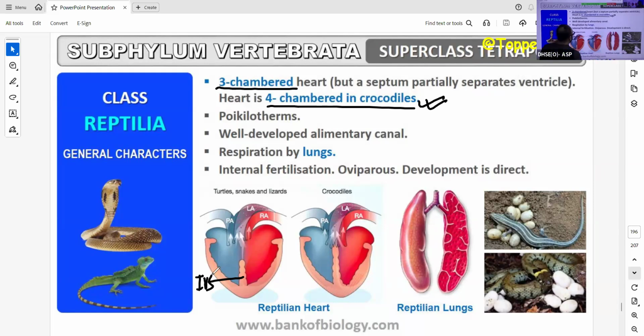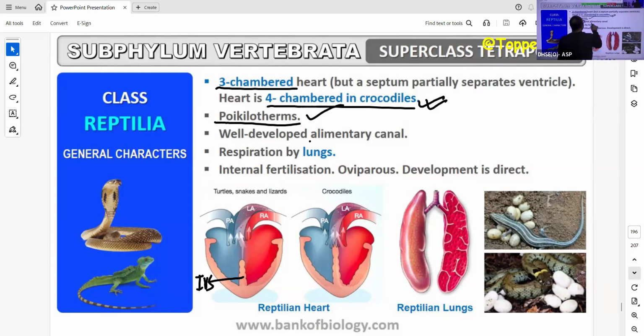Then two ventricles are there, but they are not clearly separated. In case of crocodiles, it is an exception where the heart is four-chambered, similar to birds and mammals. This exception is in reptiles. They are all poikilothermic, that is cold-blooded.